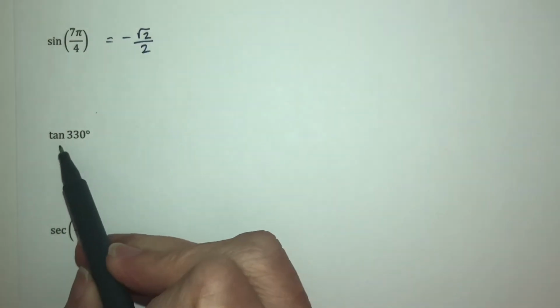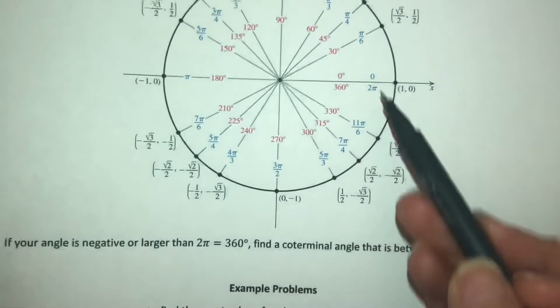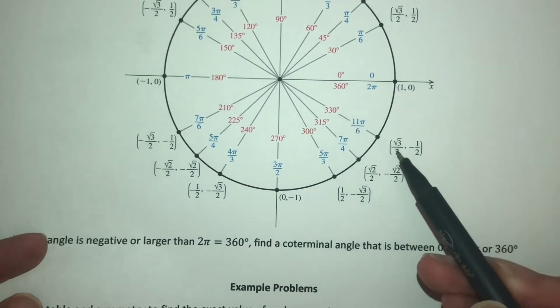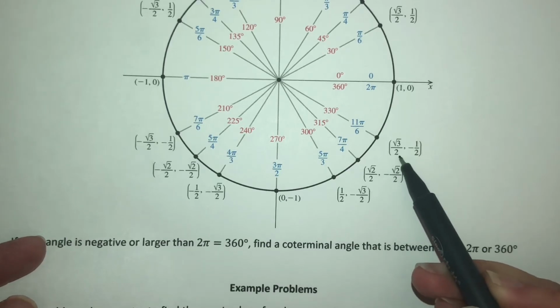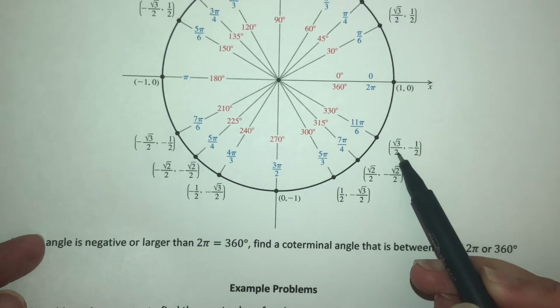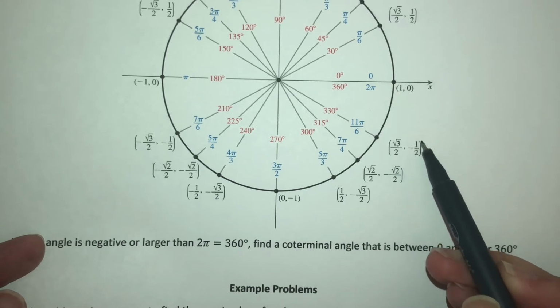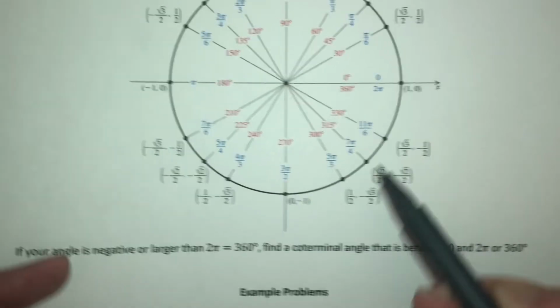Let's find tangent of 330 degrees. Well, 330 degrees is this ordered pair. And for tangent, it is sine over cosine, or y over x. So I need to figure -1/2 divided by square root 3 over 2.